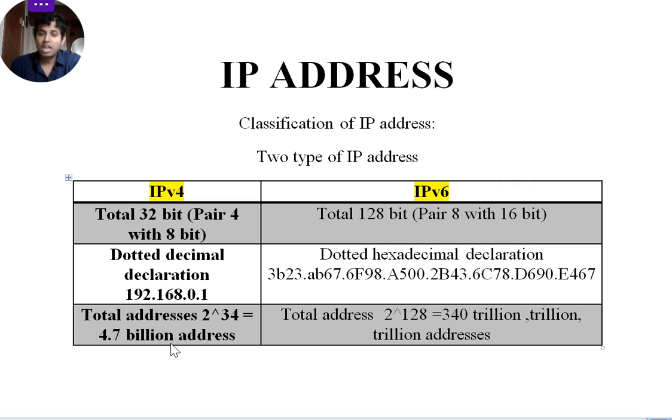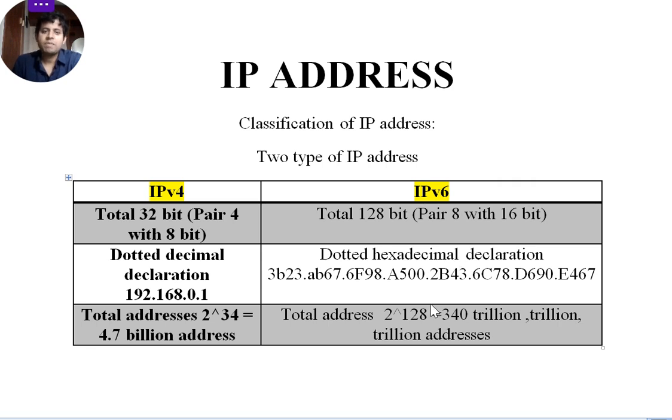It is a massive number of reserved addresses compared to IP version 4. IP version 6 is developing, and day by day it is being distributed to users, but till now it is not available everywhere.